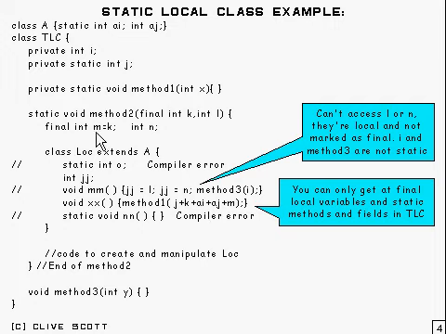Oh, right, yes. M is final, so we've got access to that. Okay. So basically, you can only get at final local variables and static methods and fields in the enclosing class, or class S, I should say. Normal rules, of course.